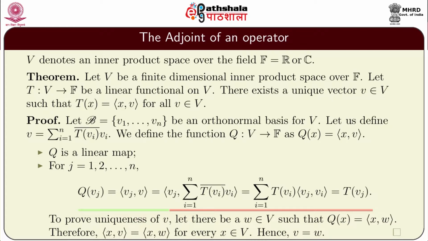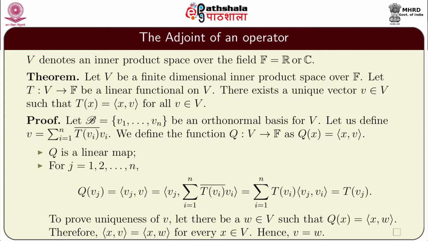So, if you plug that in the inner product, then the expression becomes summation i equal to 1 to n T(vi) times the inner product vj, vi, and that is equal to T(vj) for the reason that v1, v2, ..., vn is an orthonormal basis for V, and therefore, inner product vj, vi is going to be 0 for j not equal to i and equal to 1 if j is equal to i, because inner product vj, vj is nothing but norm of vj square, and that is equal to 1 because B is an orthonormal basis for V.